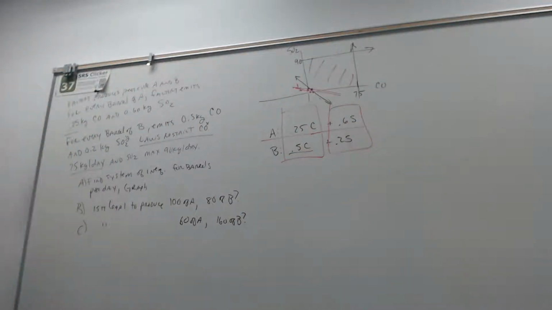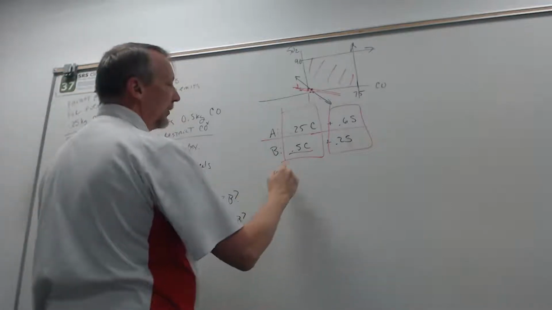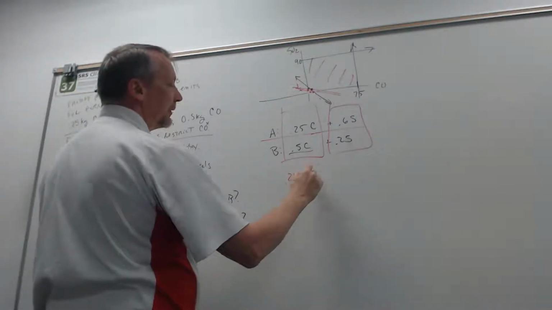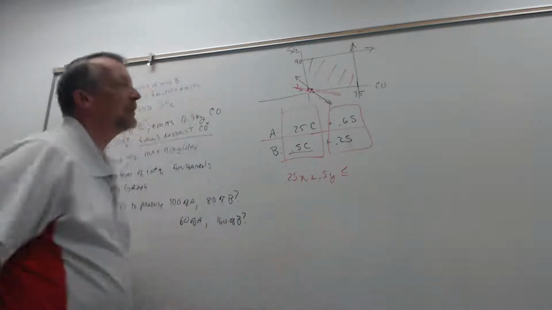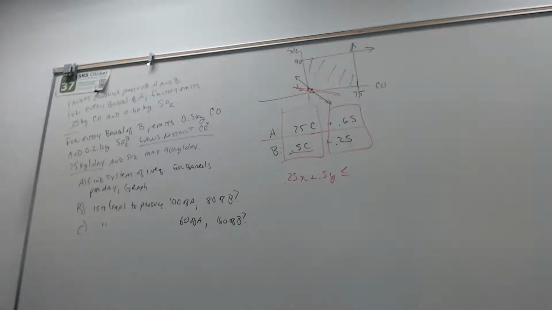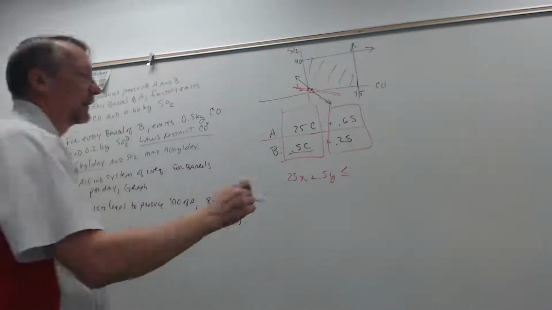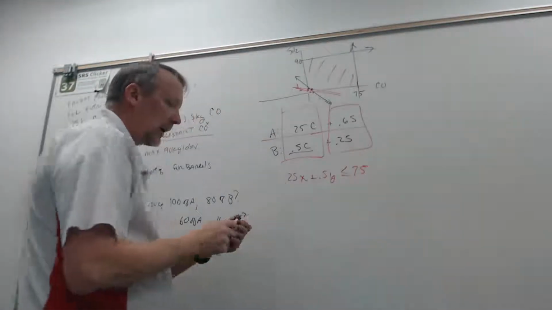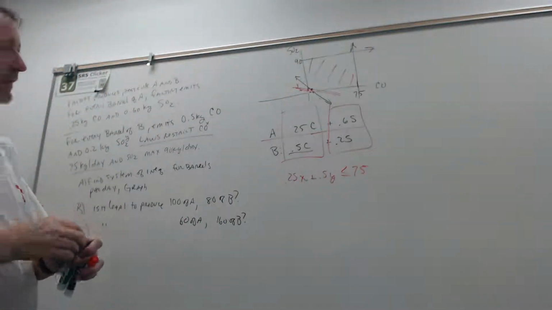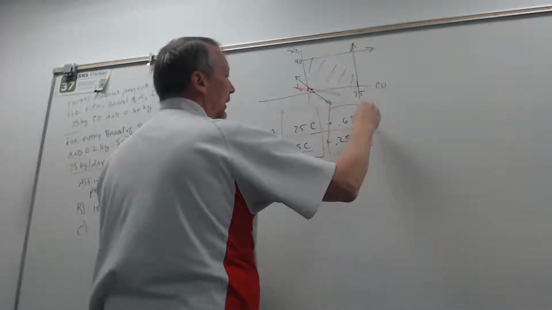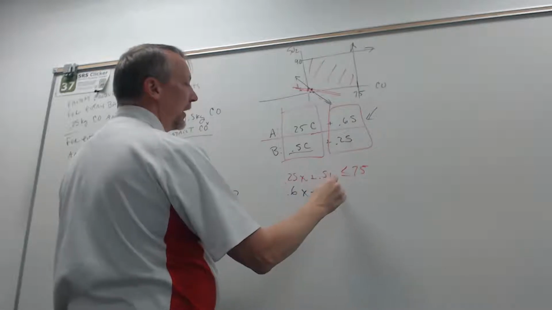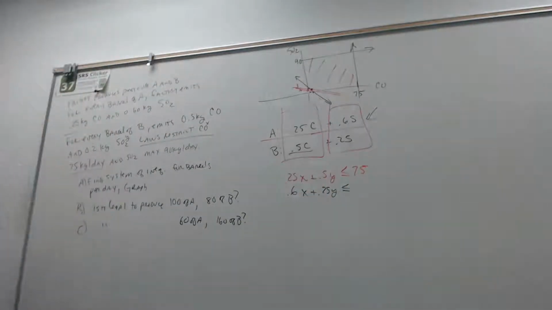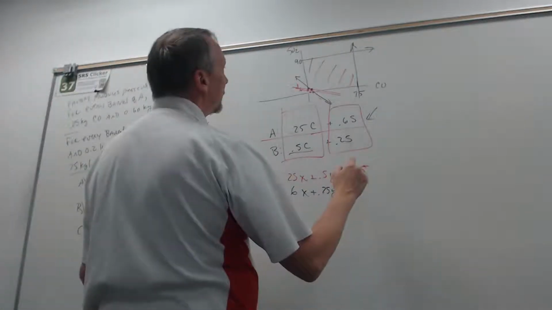So if I'm producing 0.25 of X plus 0.5 of Y, this has to be less than or equal to the limit of carbon dioxide, which is 75. And now let's look at this piece here: 0.6 of X plus 0.25 of Y has to be less than or equal to the sulfur dioxide limit, which is 90.